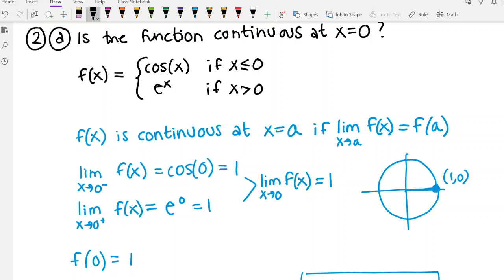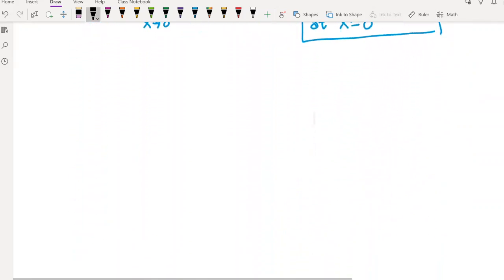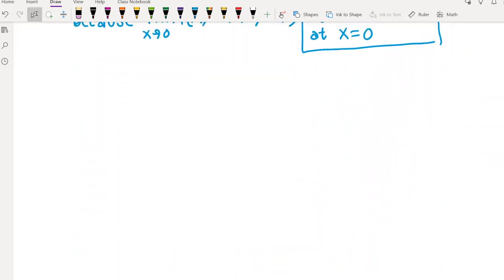Okay, so next up we have number 3. So 3 is talking about, again, continuity. It asks you to find all discontinuities.